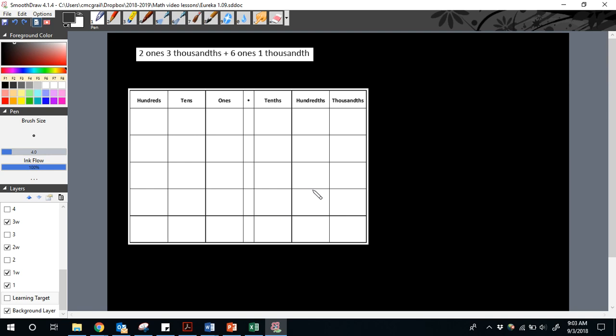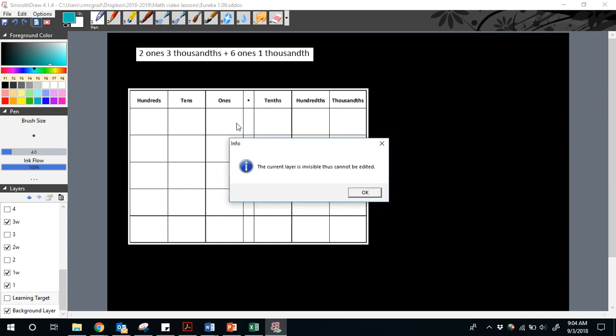So here is problem 1. 2 ones and 3 thousandths plus 6 ones and 1 thousandth. Please follow along in your place value chart so that you can write what I am writing. So I want to add these numbers up. So my first step is going to be to put them in my place value chart.